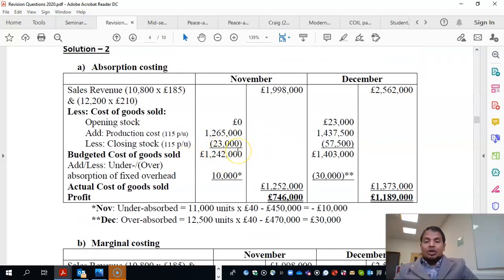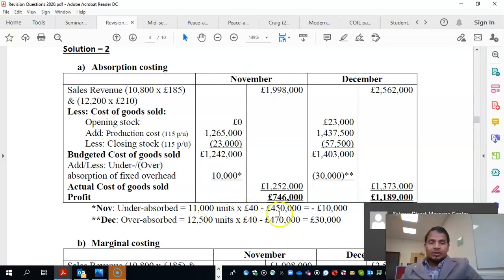Okay. So our budget was 12,000. All right. But actually we produced 11,000. Okay. 11,000 units we produced. So 11,000 multiplied by 40 per unit fixed cost given in the question. So we actually absorbed 440,000.